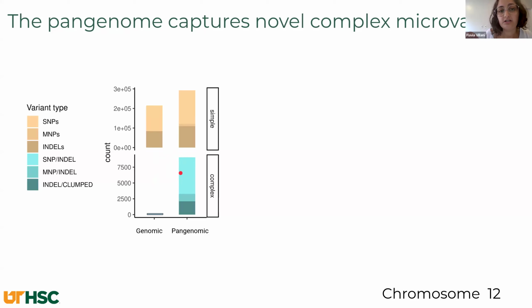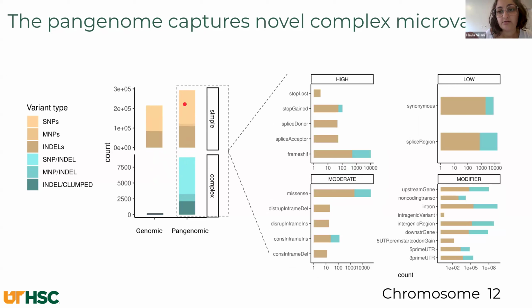So this is a change that is not related to a change of a single allele. And with the pangenome, we are also able to capture more simple variants. What I try to show is that we did the annotation of these variants, and we saw that we have some annotation here.